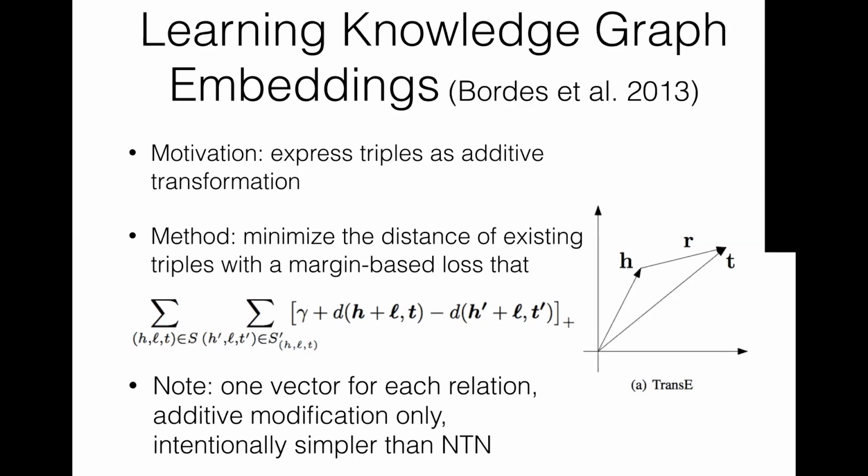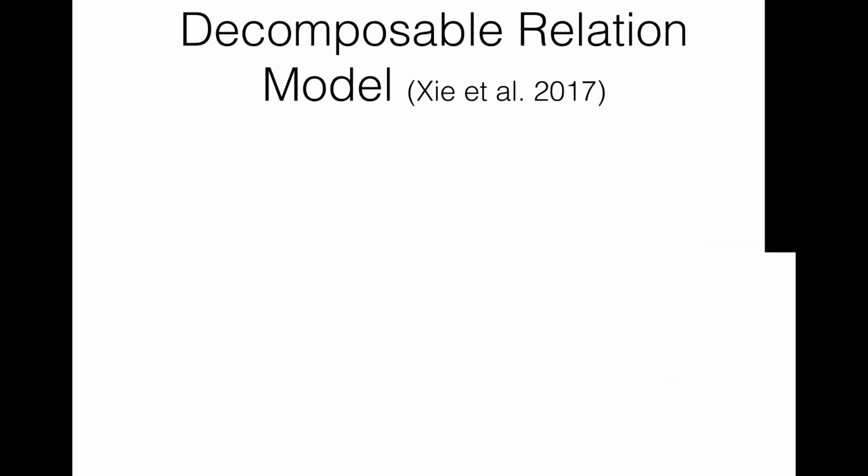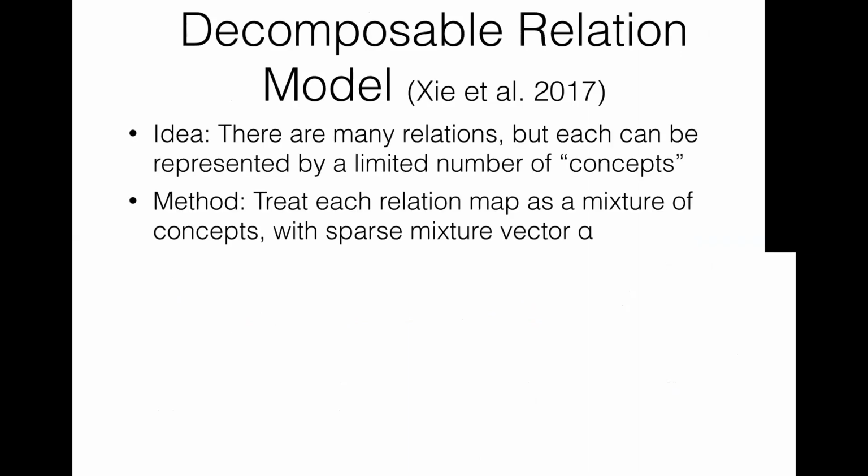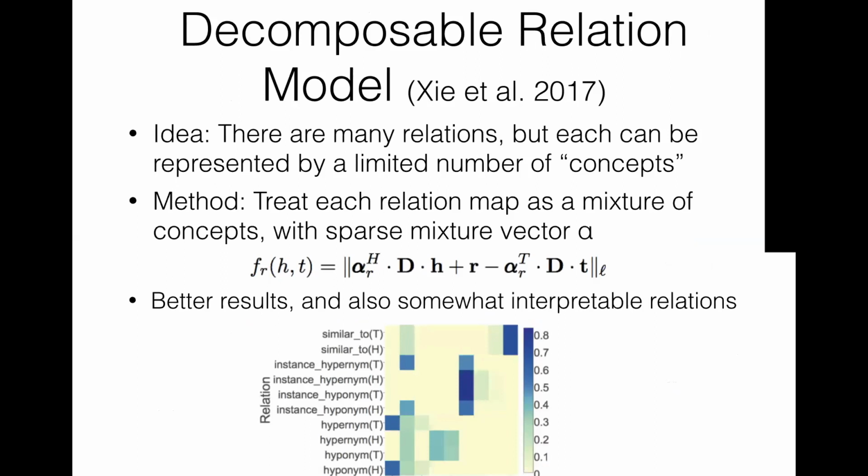And I'd like to introduce one example of an improved version of TransE. This was proposed by one of the students at LTI, where the idea is, instead of simply applying a linear transformation on head and tail entity embeddings to make it relation aware, they define a set of concepts, which is latent.